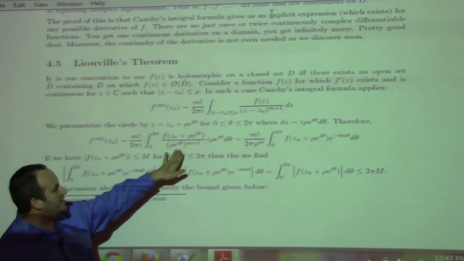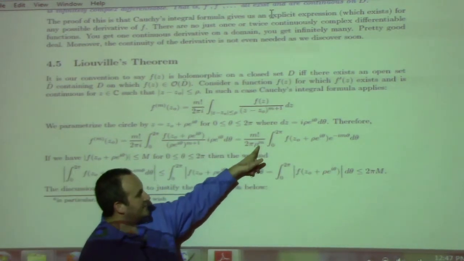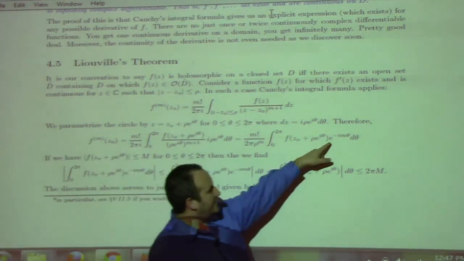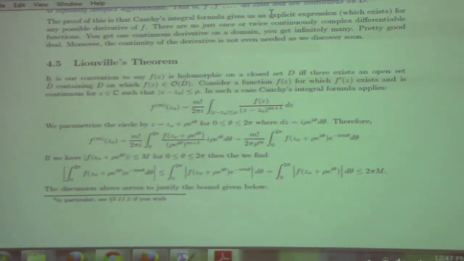And so one of the e to the i thetas cancels with that e to the i theta, and then the mth power of it factors out for the rho, and you're left with an e to the minus m i theta up here. We good so far? It's a pretty straightforward calculation.